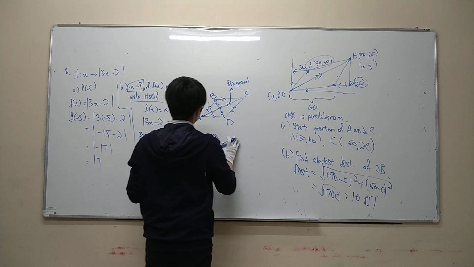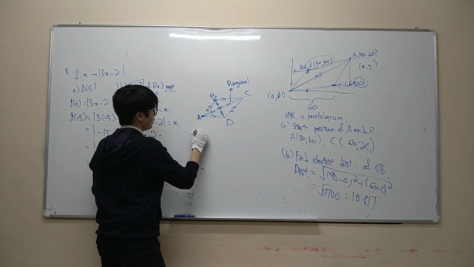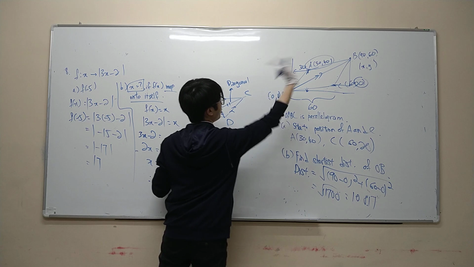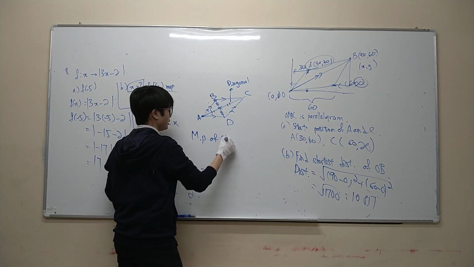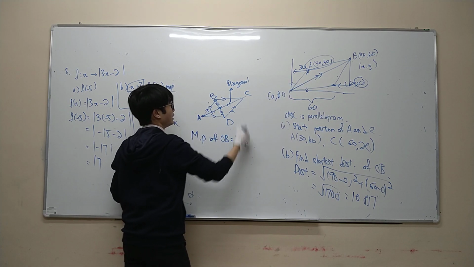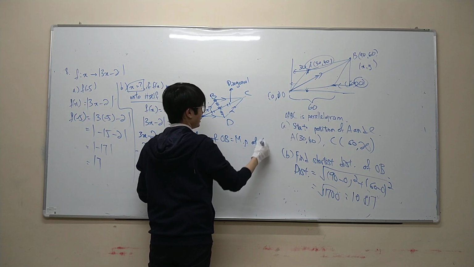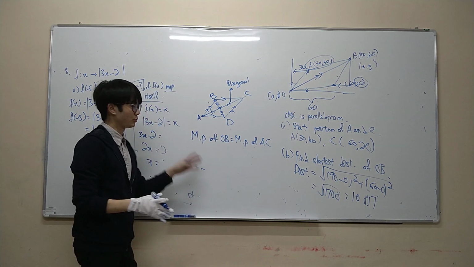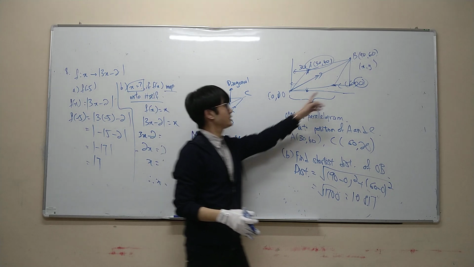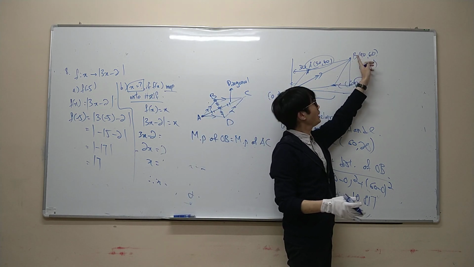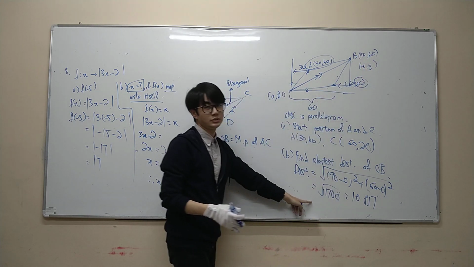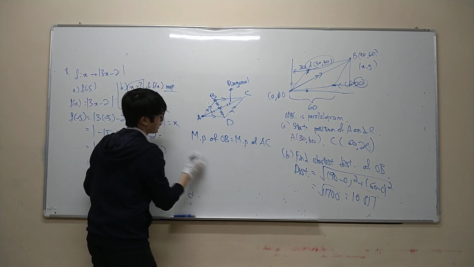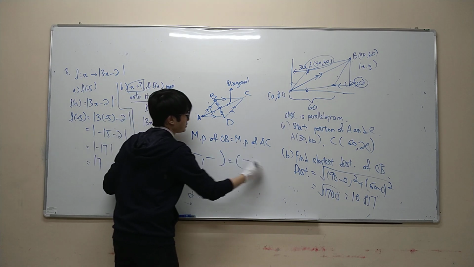So how do we do it? The midpoint of OB equals the midpoint of AC. You can use this method to find point B also, and you will get the same answer, 90, 60. After you get 90, 60, then you use the distance formula. You will get the same answer. So I'll prove it to you now. What is the midpoint of OB?